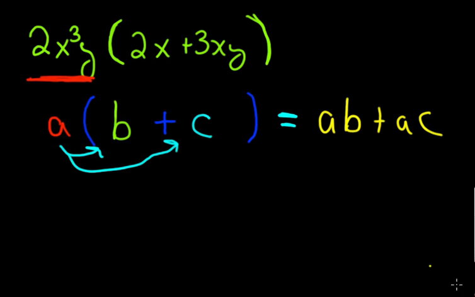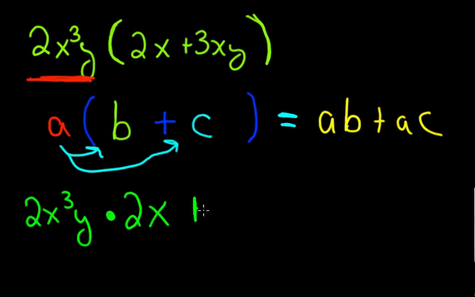We end up with a times b plus a times c. This is happening underneath our polynomial. We can take our monomial, 2x cubed times y, and multiply it to the first term of our polynomial plus our monomial again times the second term of our polynomial.